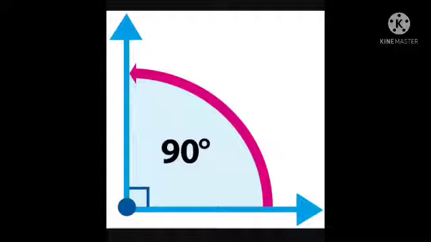A line perpendicular to the baseline makes an angle of 90 degrees, right? The angle which is 90 degrees is called a right angle. I repeat, the angle having a measurement of 90 degrees is called a right angle.